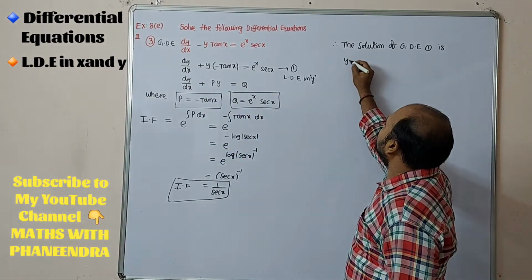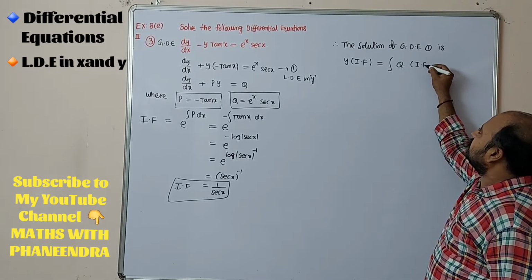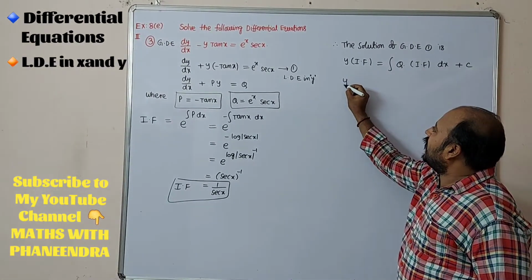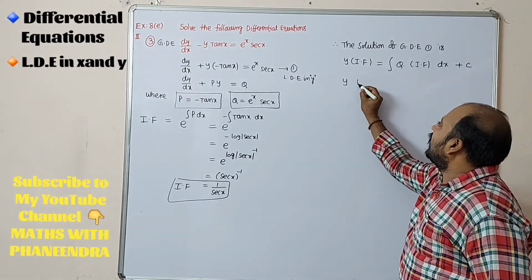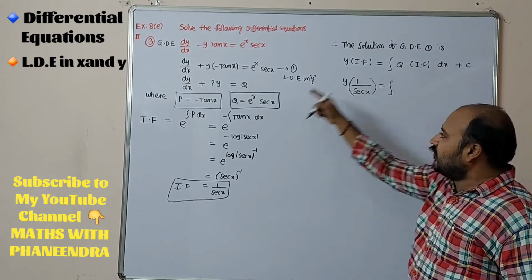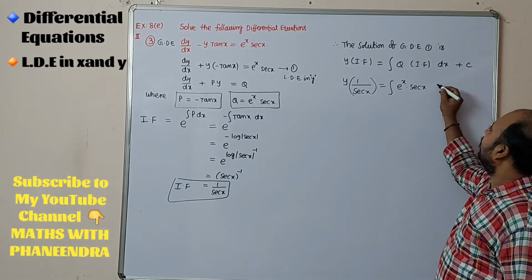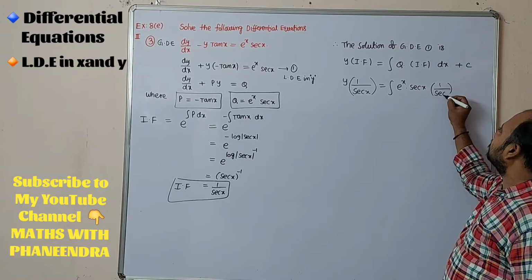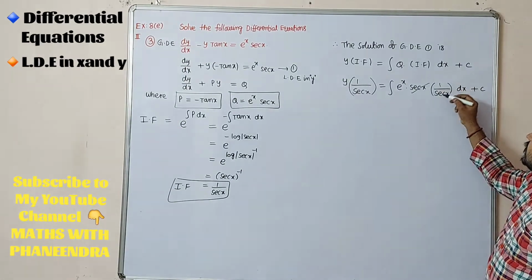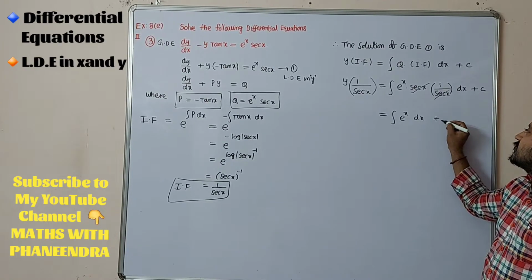Here also y into integrating factor is equal to integral q into integrating factor into dx plus c, which is y into 1 by secant x is equal to integral q value e power x into secant x, integrating factor 1 by secant x into dx plus c. So secant x gets cancelled, which is equal to integral e power x into dx plus c.